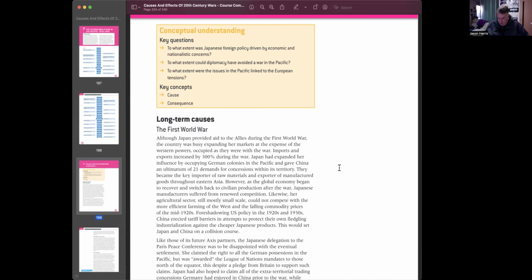However, as the global economy began to recover and switch back to civilian production after World War I ended in 1918, Japanese manufacturers suffered from renewed competition. So now they're having to sell their goods against a lot of other companies that want to sell things now that the war has ended. Likewise, her agricultural sector, still mostly small scale, could not compete with the more efficient farming of the West and the falling commodity prices of the mid 1920s.